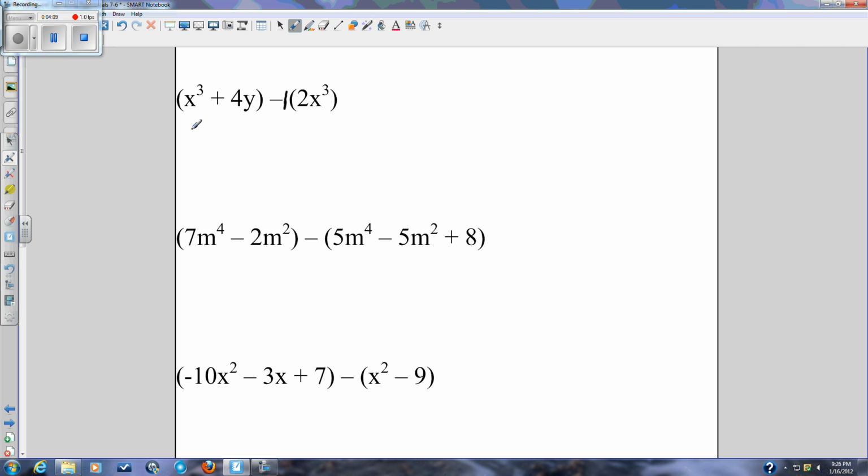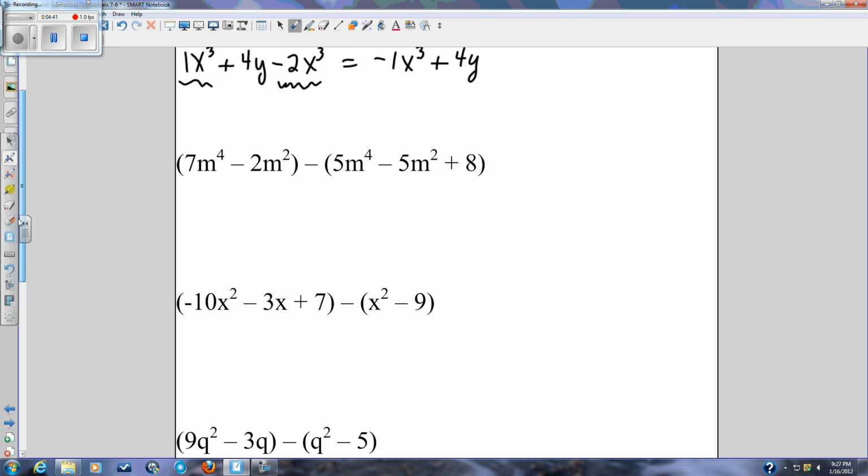So you want to keep the first polynomial as is, x cubed plus 4y, and now just multiply the polynomial that you're subtracting by negative 1. So you have negative 2x cubed. Now combine your like terms. This is 1x cubed minus 2x cubed, which gives you negative 1x cubed, and then you still have the plus 4y.